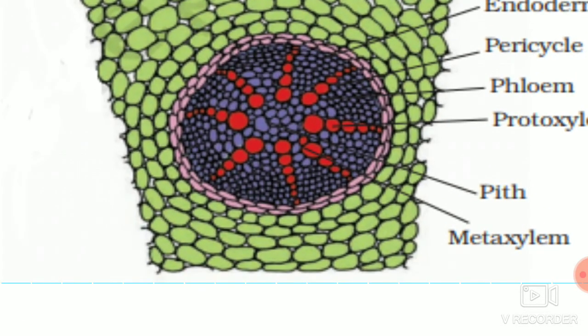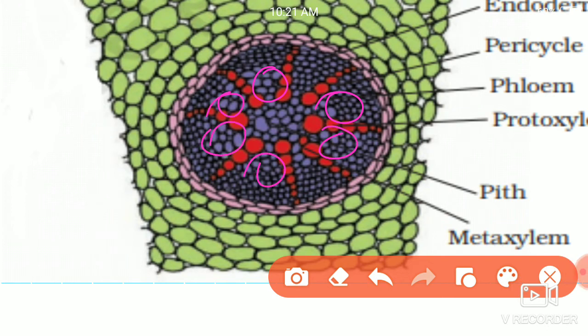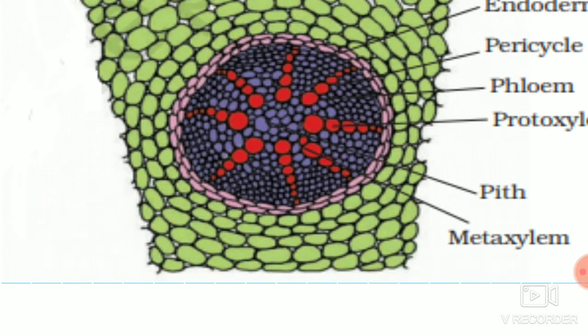You can see that the cambium helps in the secondary growth.